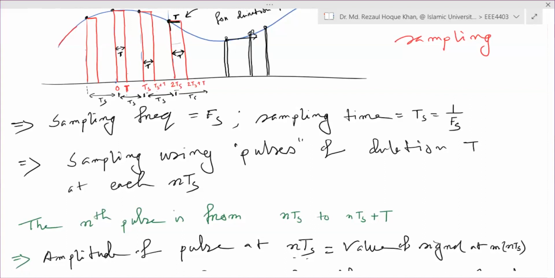So the smaller the pulse duration, the more precise the sampling will be.